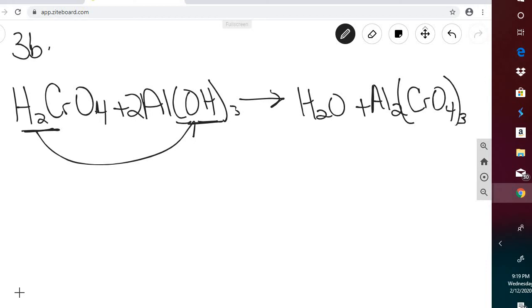Aluminums are okay, the chromate, so we have 3 of the chromate, so we'll just put a 3 here. So now we have 6 plus 6, we have 12 hydrogens, so let's fix that by putting this there. Okay, so that is the reaction that you would get for question 3b.